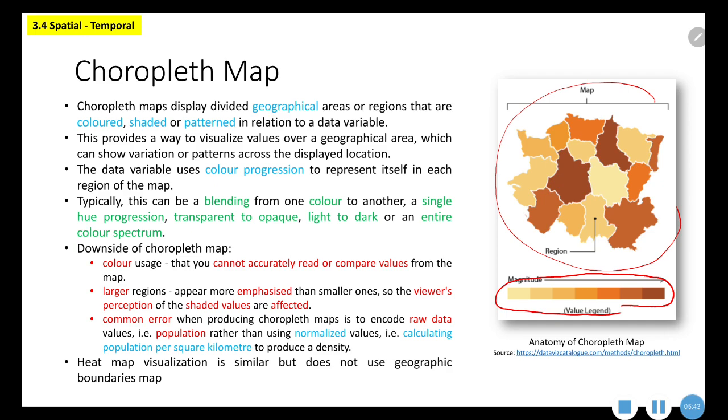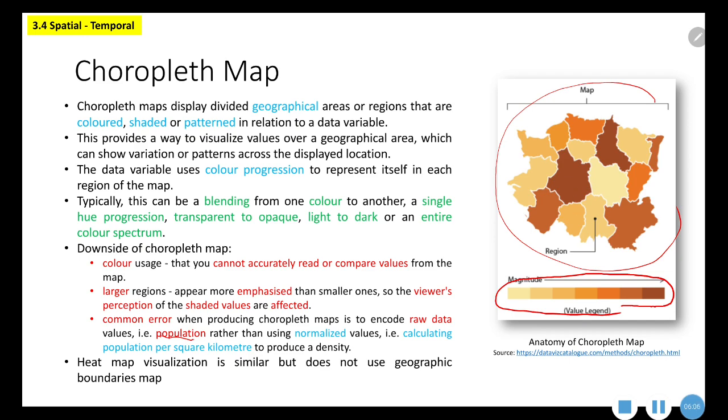So meaning that the intensity level of the color for a specific region should be represented from a calculation of population per square kilometers, rather than using the raw data of the population numbers for that specific region area.